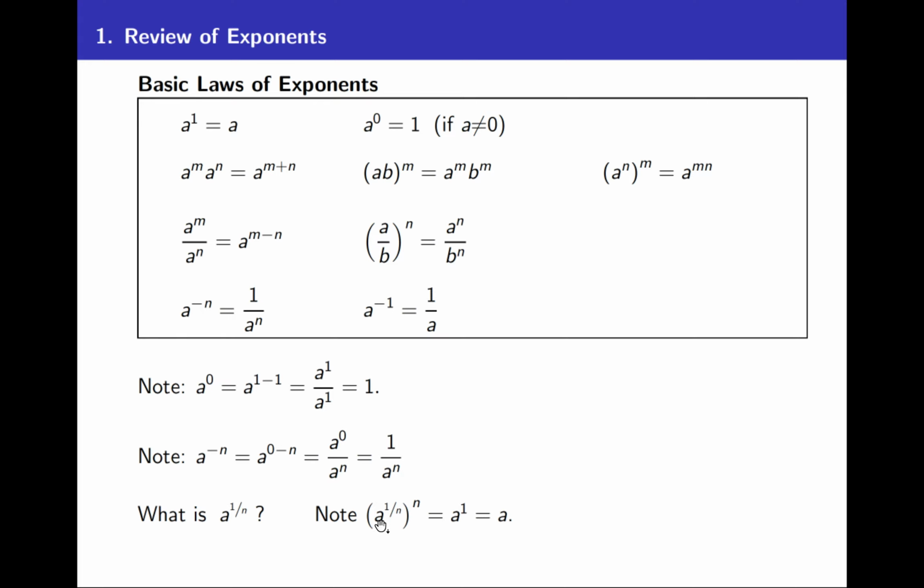So in short, a to the power of 1 over n raised to the power of n equals a. So a to the power of 1 over n is the number which, if raised to the power of n, would equal a. And that's just another way of saying that a to the power of 1 over n is the nth root of a. So we'll put that property here.